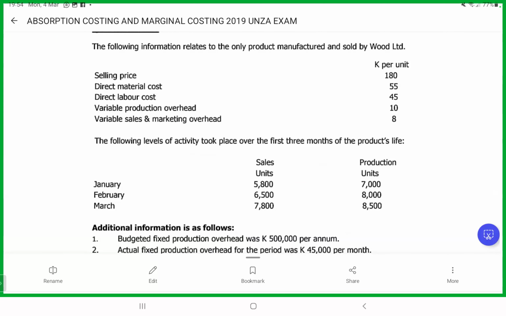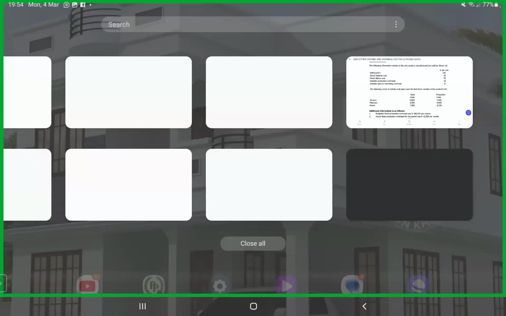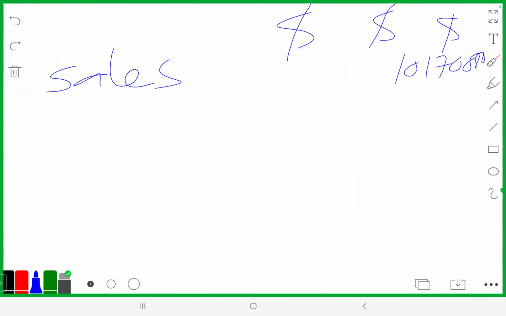Oh, okay. I think I made a mistake somewhere. So it is 1,170,000. Yeah, correct.